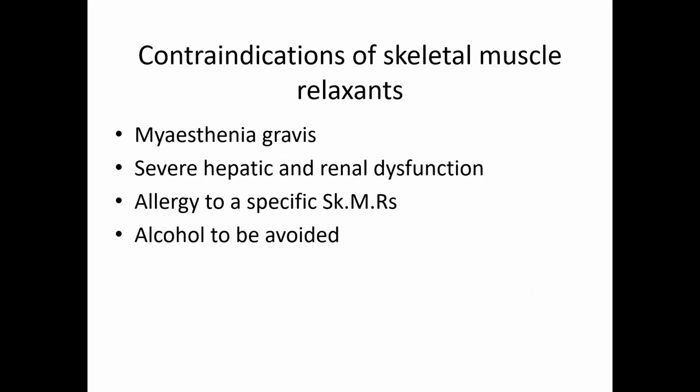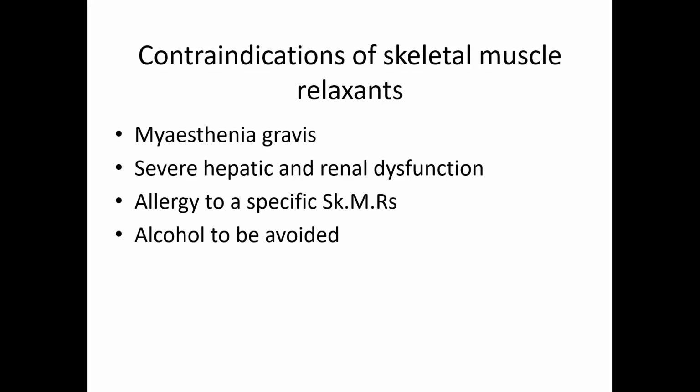And coming to the contraindications of the skeletal muscle relaxants, they are contraindicated in myasthenia gravis and severe hepatic and renal dysfunctions. Why? Because these skeletal muscle relaxants are metabolized by hepatic enzymes, and they are excreted through bile and renal excretion.